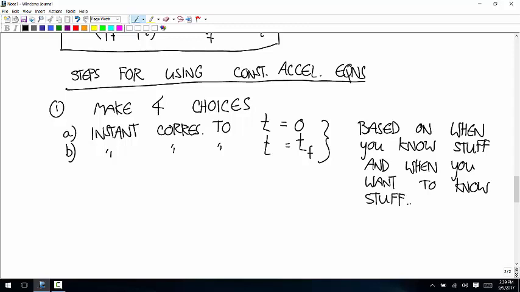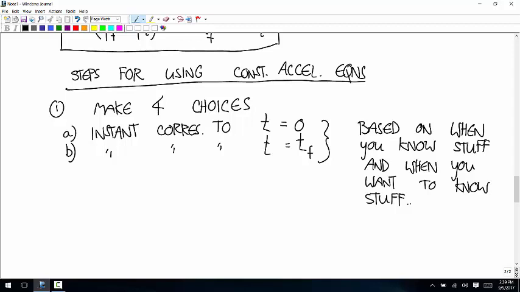So for example, if you have a problem that says a car starts at 50 miles per hour and then slows down for 8 seconds with an acceleration of this, what's its velocity at the end of the 8 seconds? Then you have to ask yourself, when do I know stuff and when do I want to know stuff?